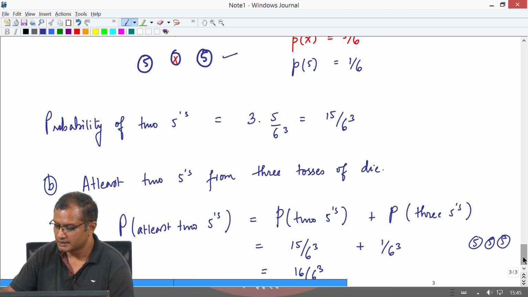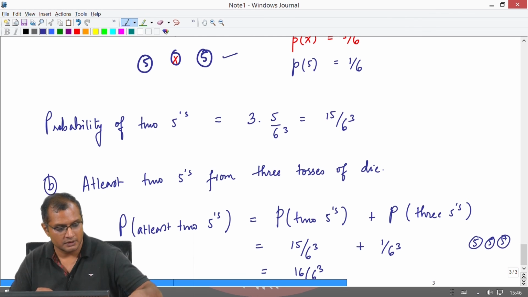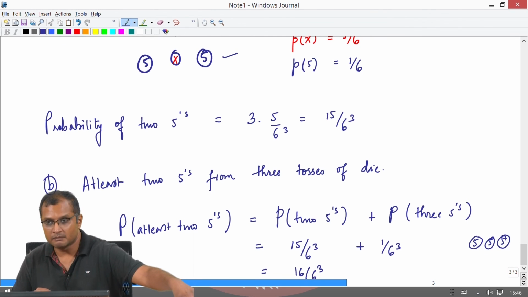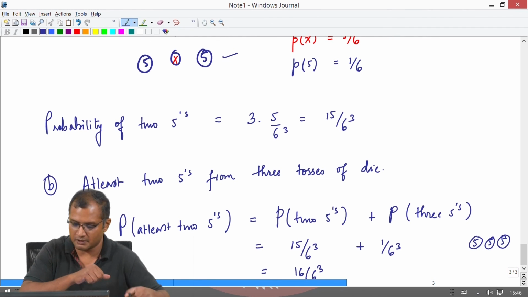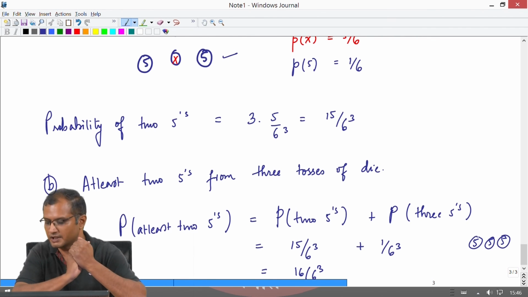And that is the end of this particular lecture. In the next class, we will talk about random variables in general. This particular lecture was about discrete probabilities and discrete random variables.